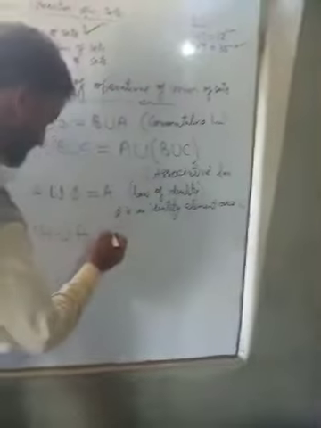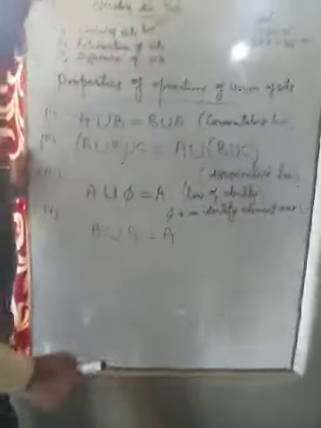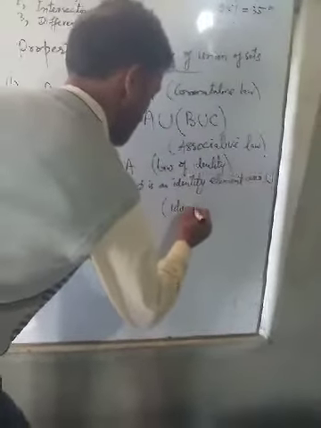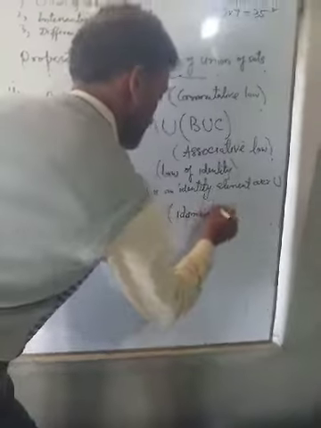We will take the union of A and A. A union A is again equal to A. This is known as the idempotent law.